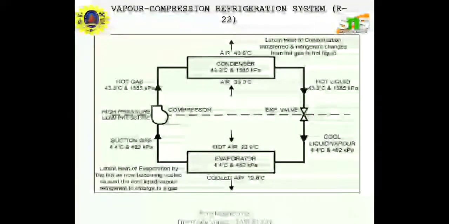There is a vapor compression cycle system. Here there is a condenser and evaporator, and high temperature and low temperature values are present, and how it works and what functions are involved in the vapor compression system.